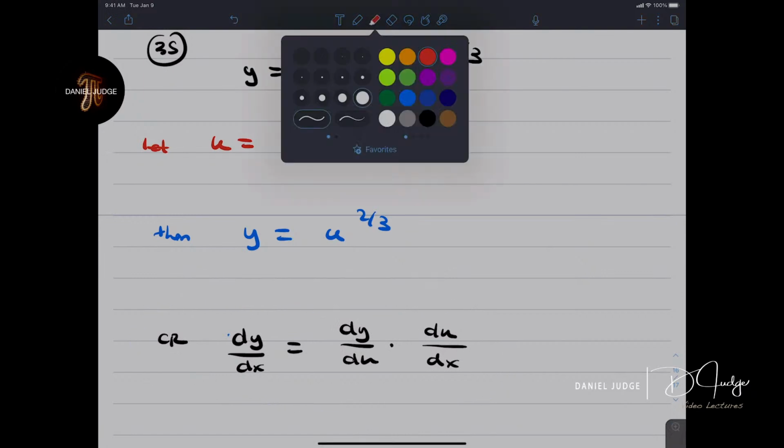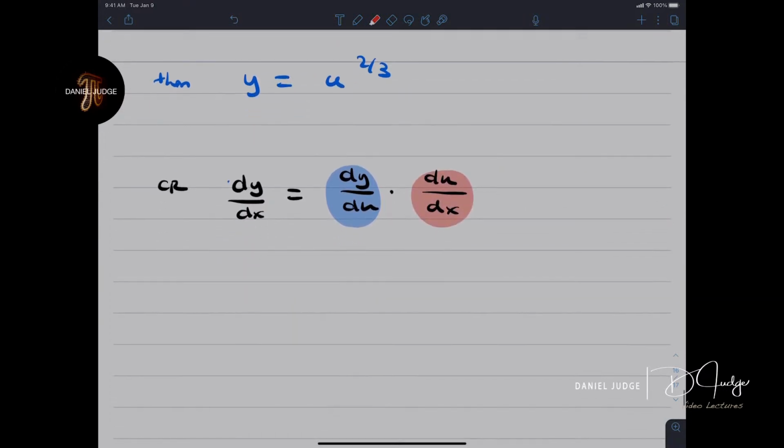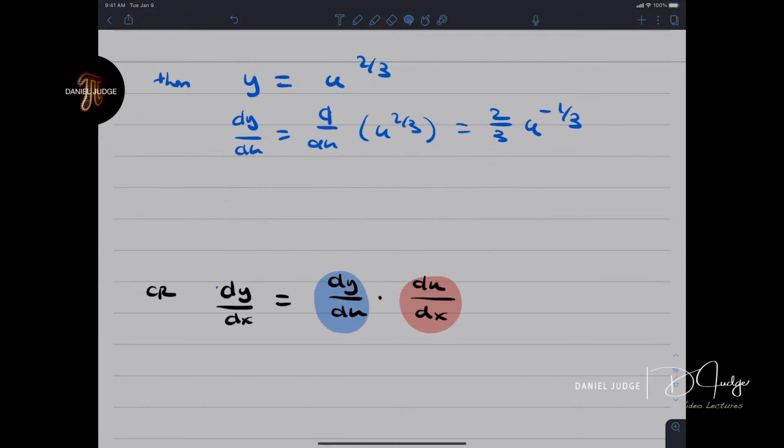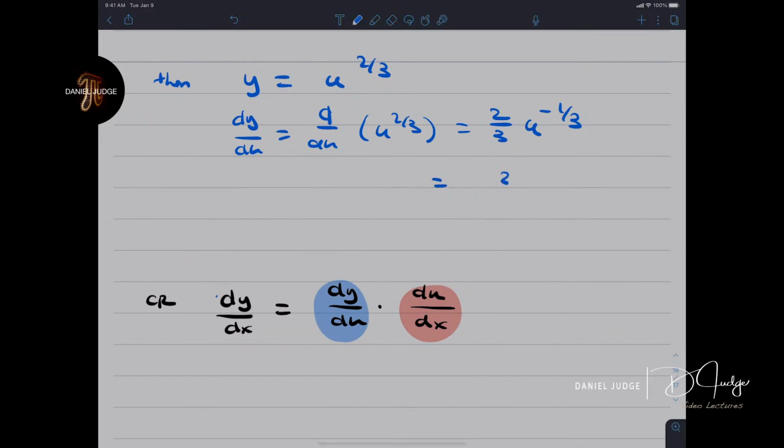Okay, so we're going to need the dy du again, and the du dx. dy du, the derivative of u to the 2/3, is 2/3 u to the negative 1/3, which is 2/3 over the cube root of u.